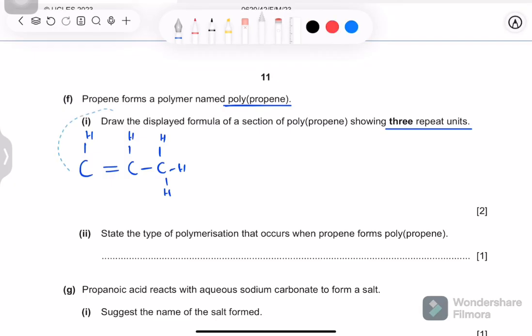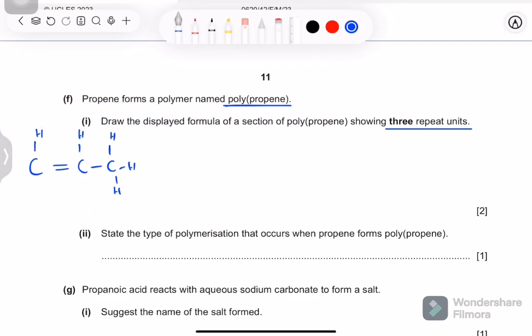Let me show you the complete compound in this case. The C double bond C remains as it is. The C extends. The H remains. Another H is not added; it was originally there. 1, 2, 3, 4 bonds of a carbon atom.